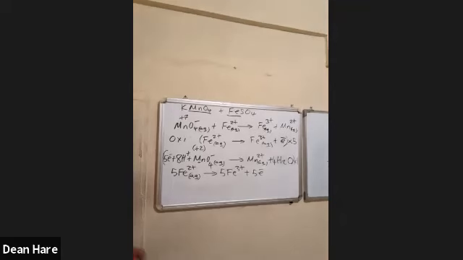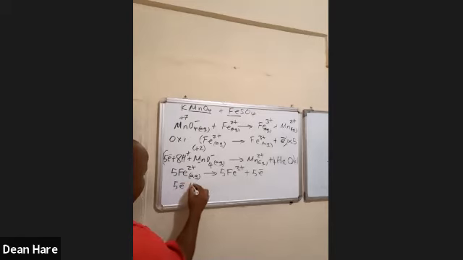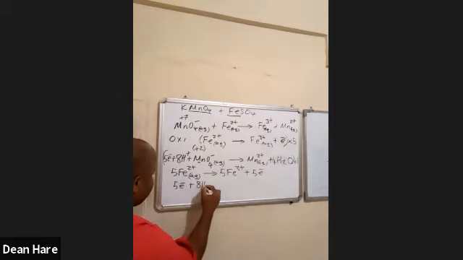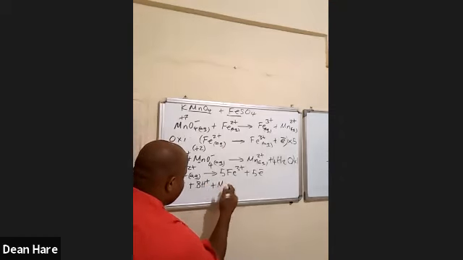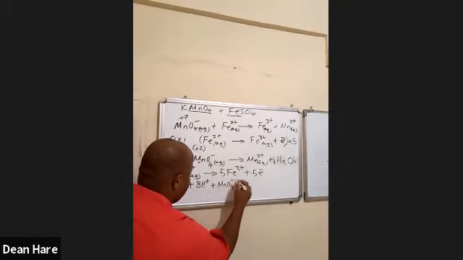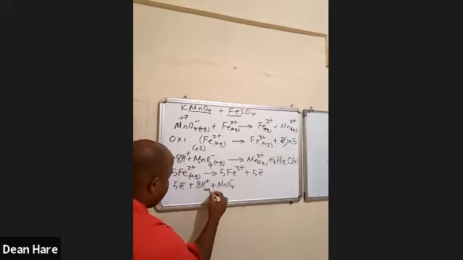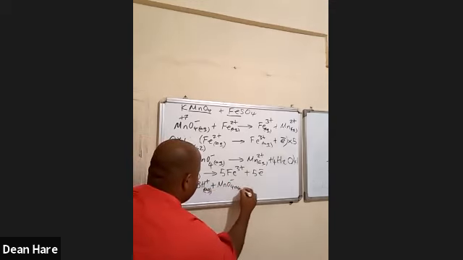All right. And then this one, everything would stay the same. So it's the 5 electrons plus 8H+ plus MnO4-, do not leave out your state symbols.